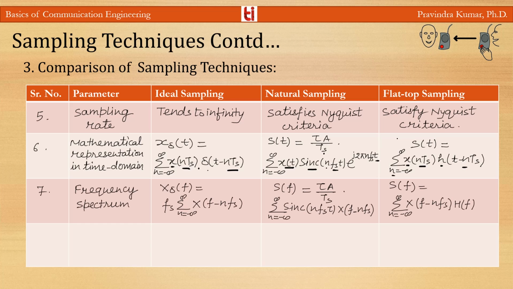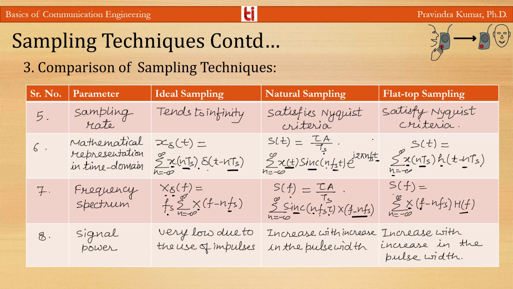In the frequency domain, for ideal sampling, delta f is equal to fs summation X(f minus nfs). For natural sampling, S(f) is equal to tau A by Ts summation sinc function of n fs tau into X(f minus nfs). And for flat top sampling, S(f) is summation X(f minus nfs) into H(f).